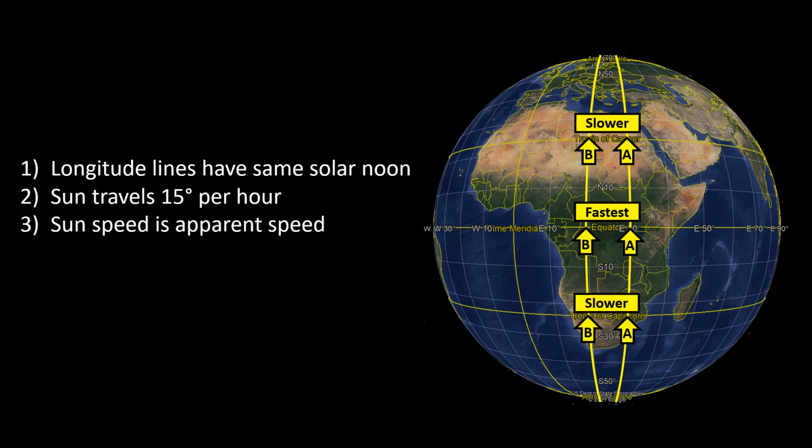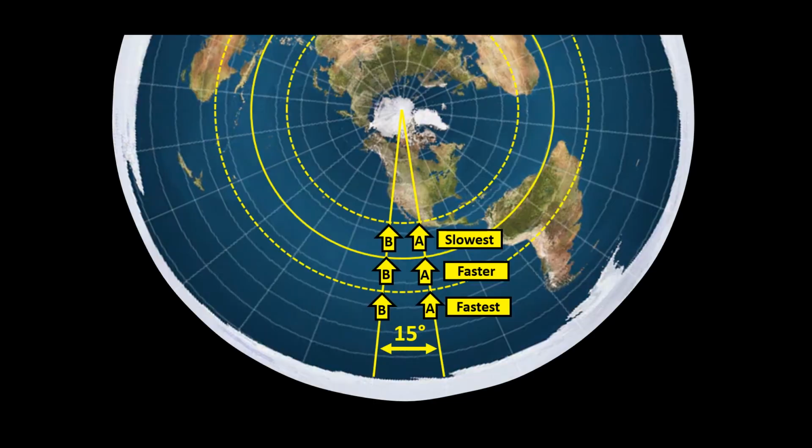And what this shows us is that the sun speed is an apparent speed depending on your latitude. So of course on the globe it's going to appear to be fastest at the equator, and then it would get slower as you head farther north or farther south. Of course they are convinced that we live on a flat Earth where the speed of the sun actually changes from the Tropic of Cancer to the Tropic of Capricorn.